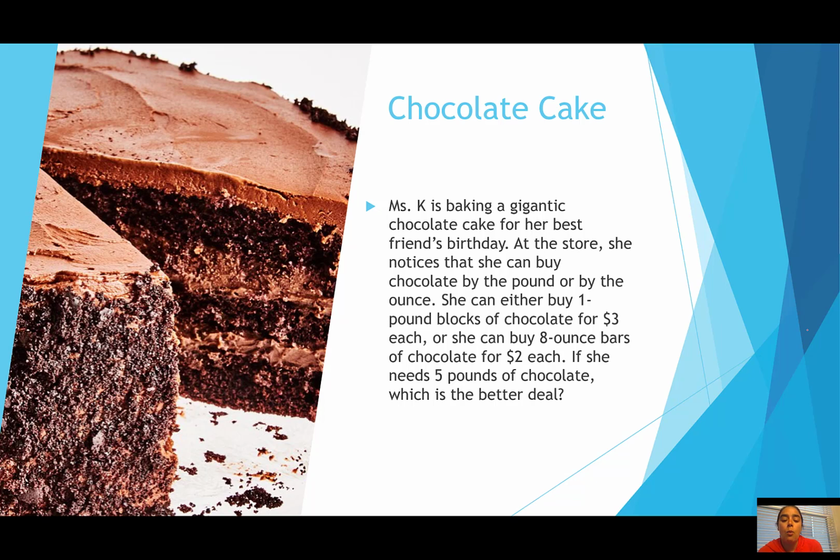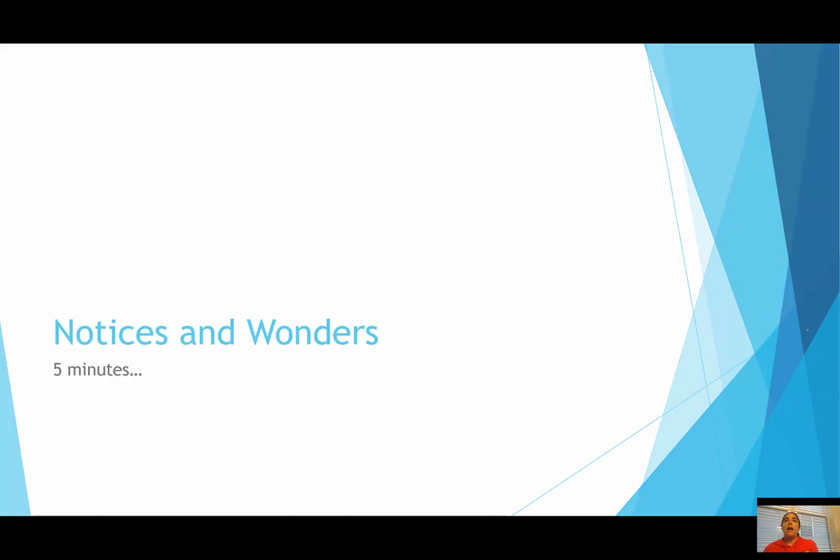She can either buy 1 pound blocks of chocolate for $3 each, or she can buy 8-ounce bars of chocolate for $2 each. If she needs 5 pounds of chocolate, which is the better deal? I want you to pause and write down things you notice and wonder from the problem.